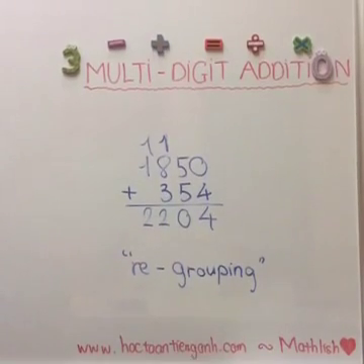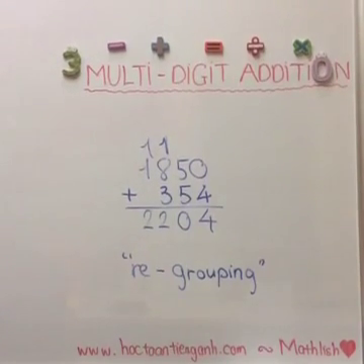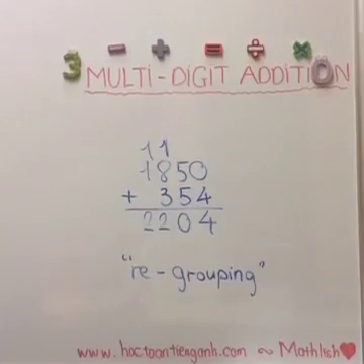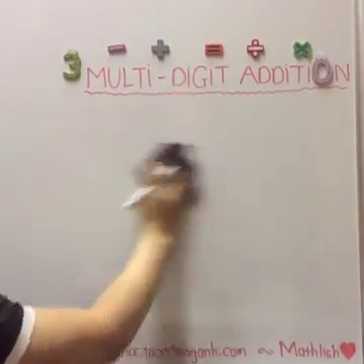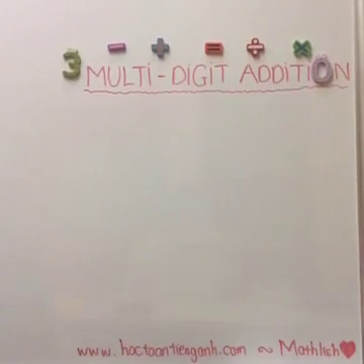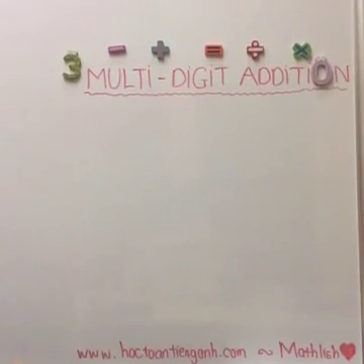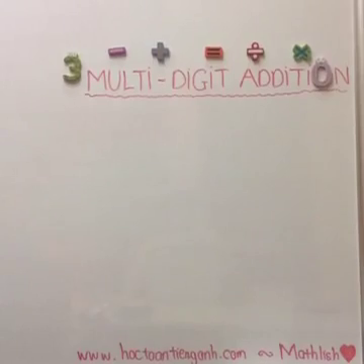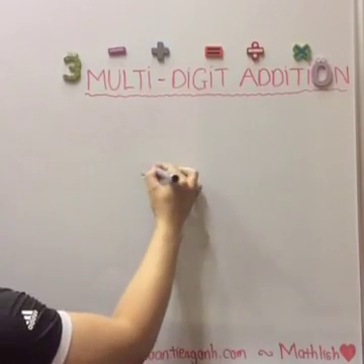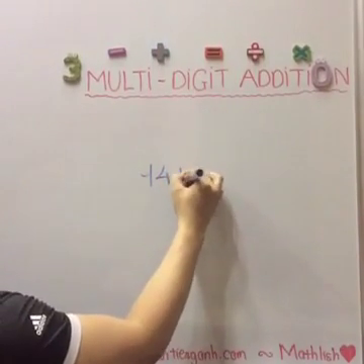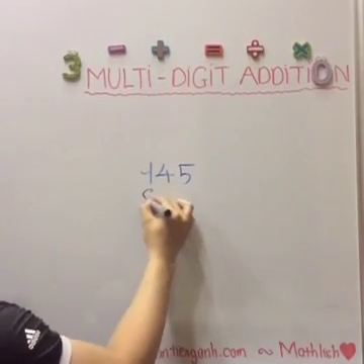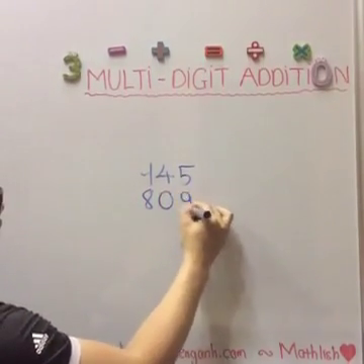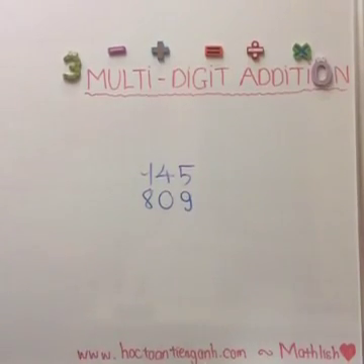Think you got it so far? Let's try one more together before you do some of the exercise problems. Let's add up these 3 numbers: 145, 809, and 77.